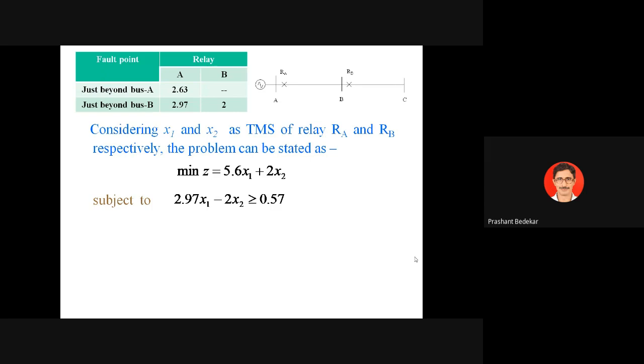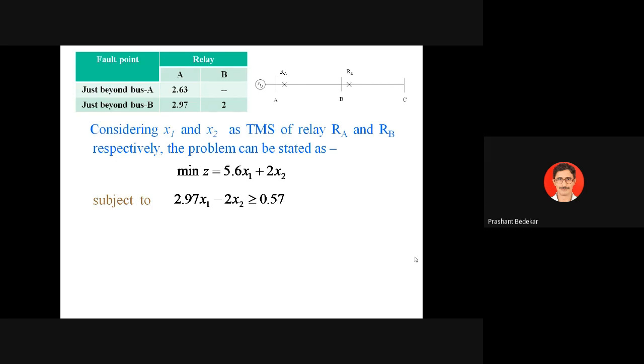So the difference 2.97 X1 minus 2 X2 has to be greater than or equal to the coordination time interval, which is given as 0.57 in the problem. Generally, the coordination time interval is not so large. 0.57 is so large. Such a practical value is not used.